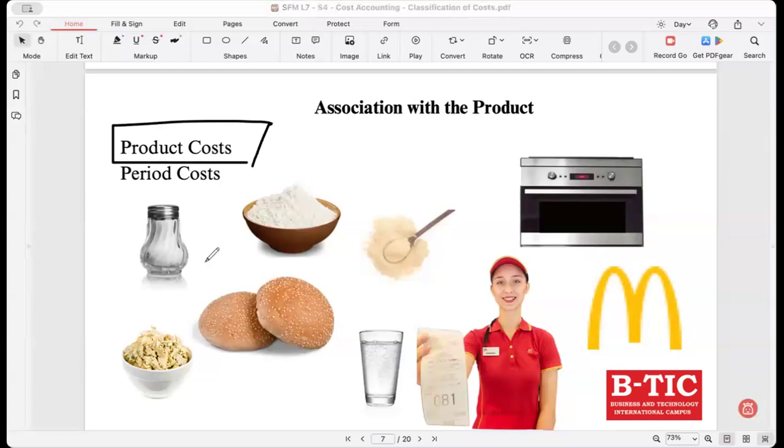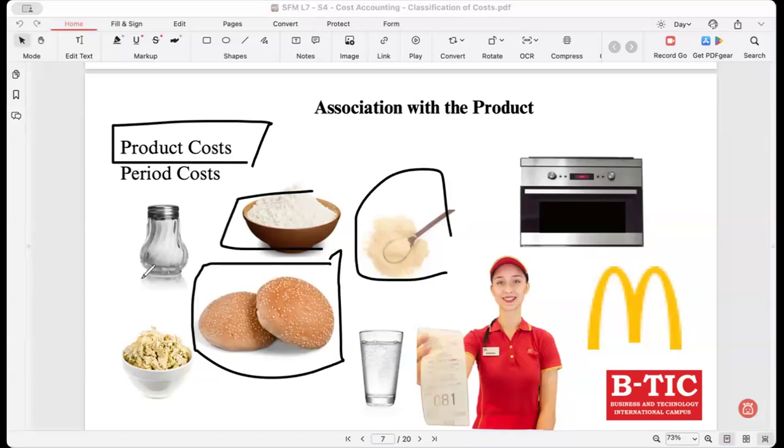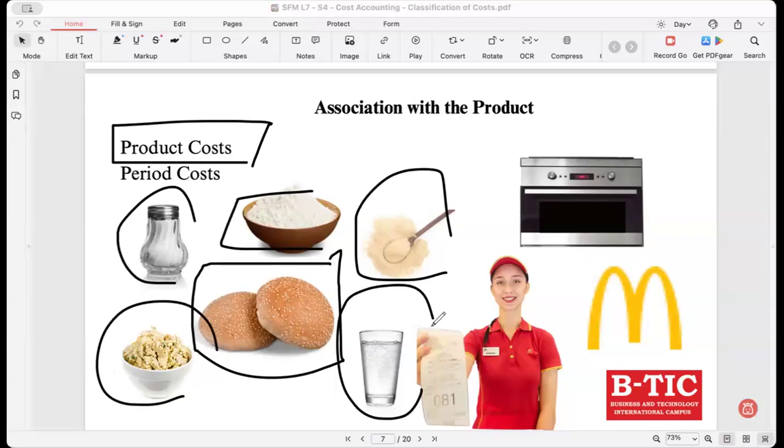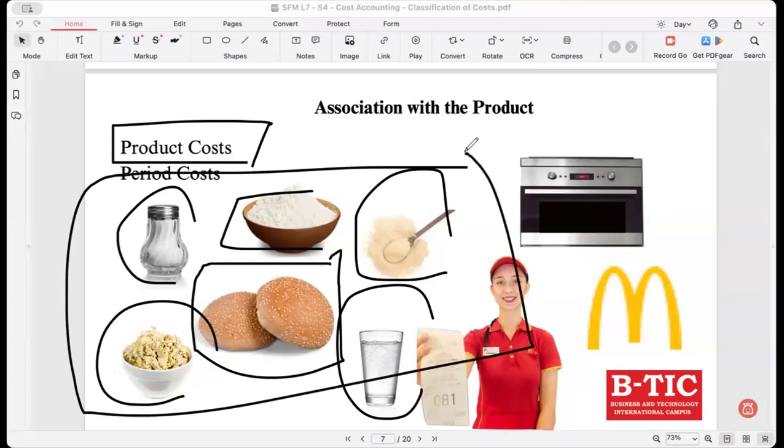Now, here, as you can see, we are preparing a burger, right? A bun. So to prepare the bun, we need flour, we need yeast, some salt, some filling, some water, right? So all the money that is spent in purchasing these raw materials are called product costs.